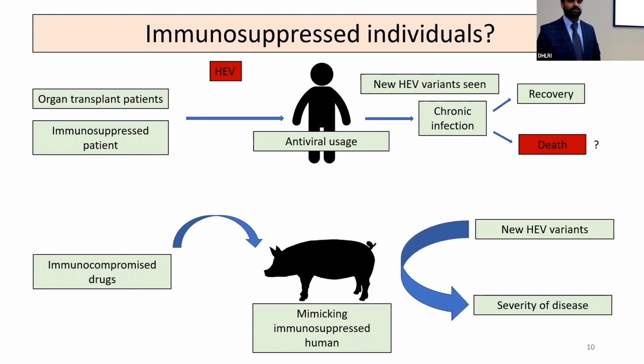We will use the same immunosuppressive drugs that humans use and give them to the pigs, so the pigs will mimic an immunosuppressed human. Then we will check those HEV variants that have been seen in humans and study their pathology and the severity of the disease. And that's where my next project is heading.